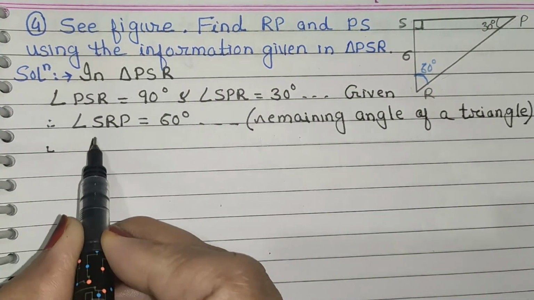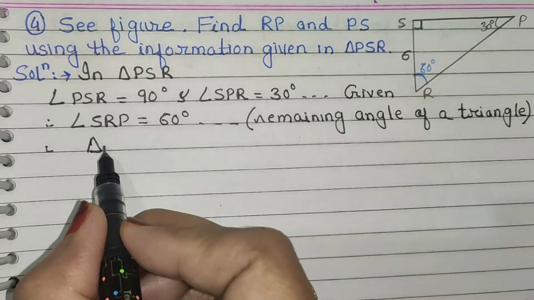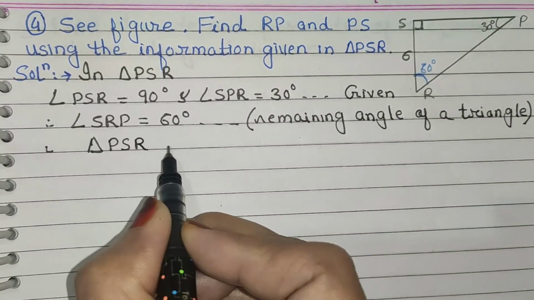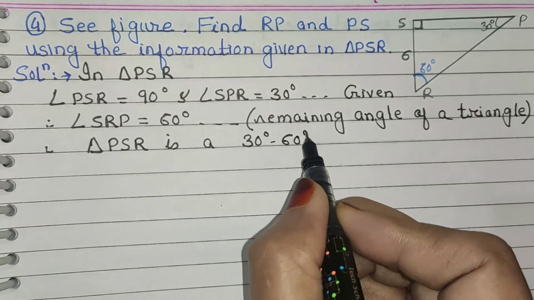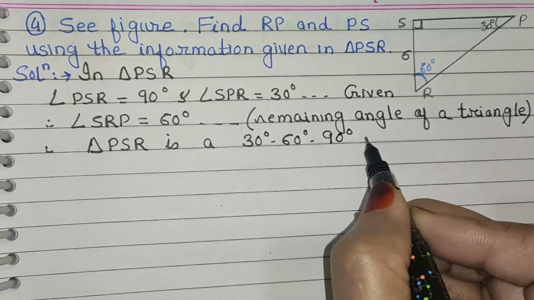Therefore, triangle PSR is a 30 degree, 60 degree and 90 degree triangle.